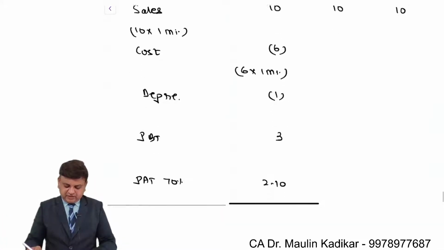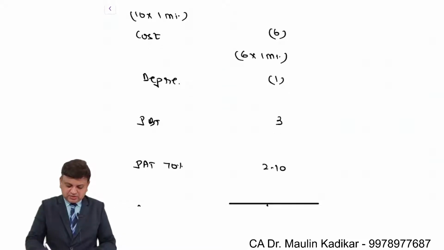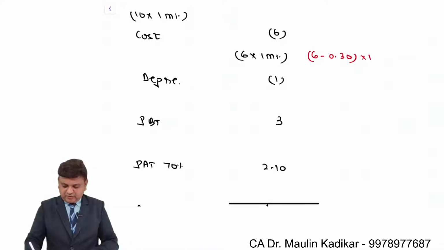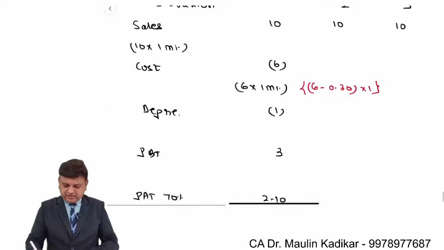In the second one, what will happen? Dear students, it will be 6 minus 0.3, because the cost of producing that product will fall by $0.30 into 1. So it will be 5.7.